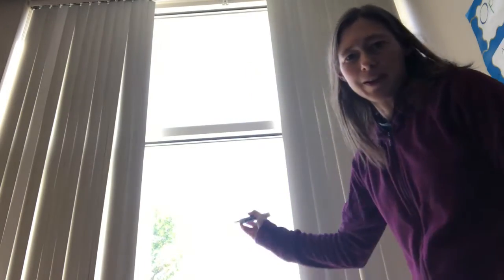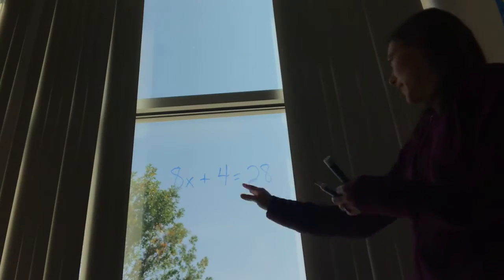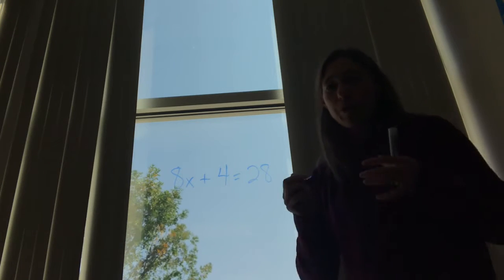Okay, now let's try two-step equations. So this would be like if we have 8x plus 4 equals 28. Like that. Okay. So we need to make sure, remember that x has a close relationship with something, some number.